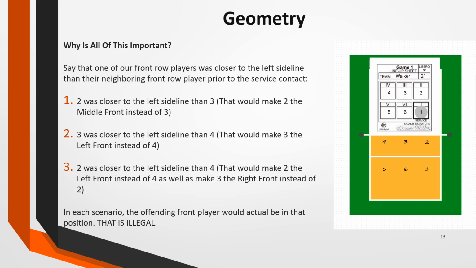That would make 2 the left front instead of 4, and that would make 4 the middle front and 3 the right front. In each of those scenarios, the offending front row player would actually be in that position. And in all those scenarios, if service contact were to occur, this would be illegal.